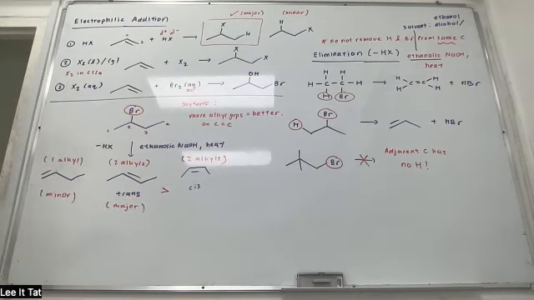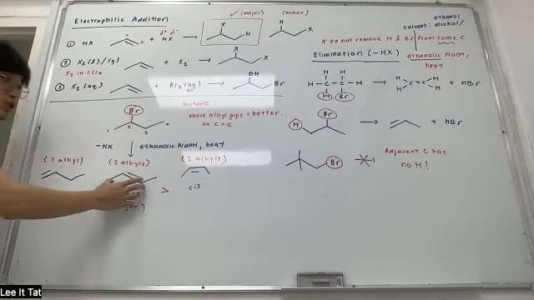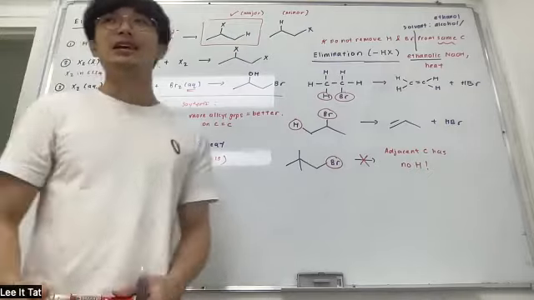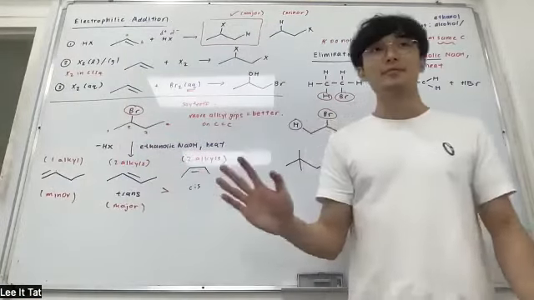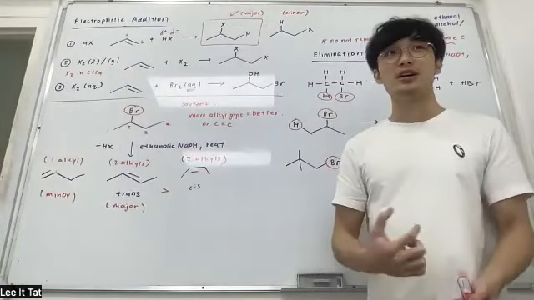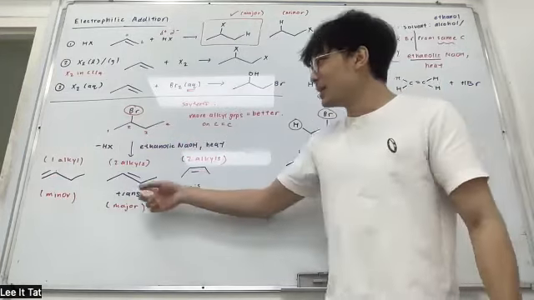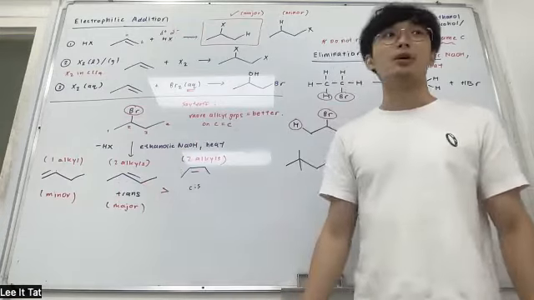Any idea why? This one you probably don't know, but any smart guesses here? Can you look at the difference between a trans and a cis molecule? The trans is more likely to form than the cis. It's nothing to do with the alkyl groups, but more to do with its structure. Trans is opposite sides of the double bond, right?